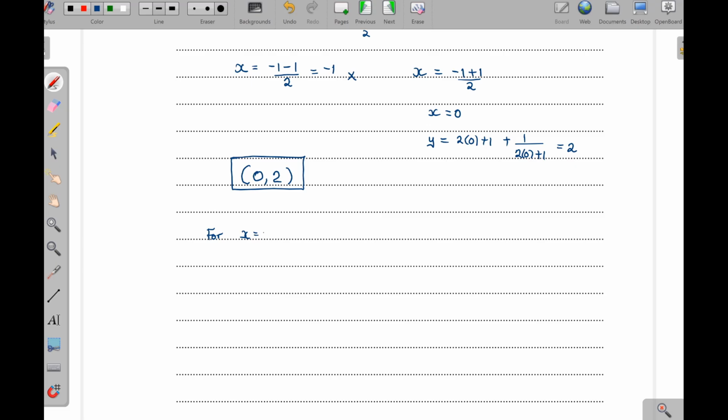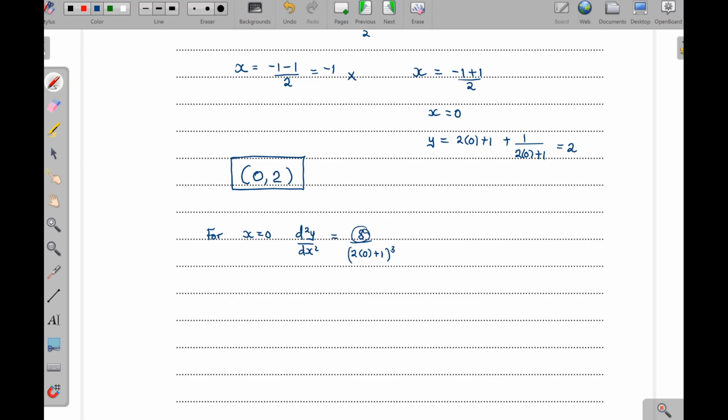So for x is equal to 0, this x coordinate we have gotten, the second derivative here will be equal to, remember we got it as 8 over (2x plus 1) cubed. Where there is x, we can put a 0, so 2 times 0, then plus 1, and then cubed.